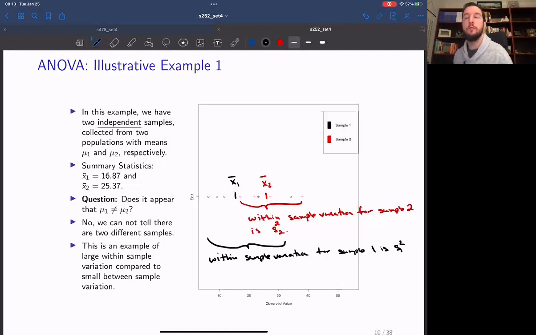So our within sample variations are just the variances of the samples, which we know how to compute. We've been doing this in our reviews, and we did this for 2 sample tests. What, again, this example is showing us is that if you have a large within sample variation, that can mask the differences between the samples.